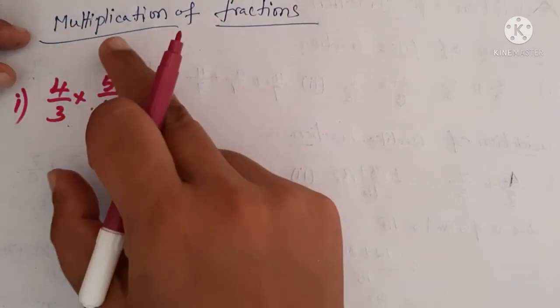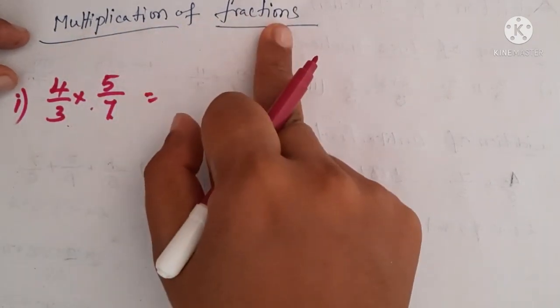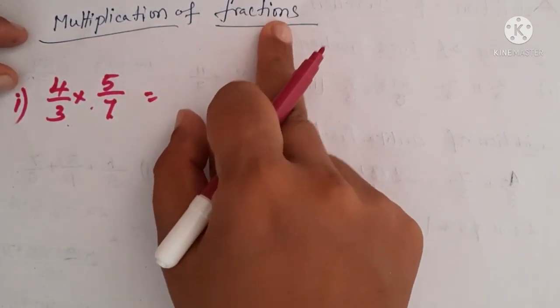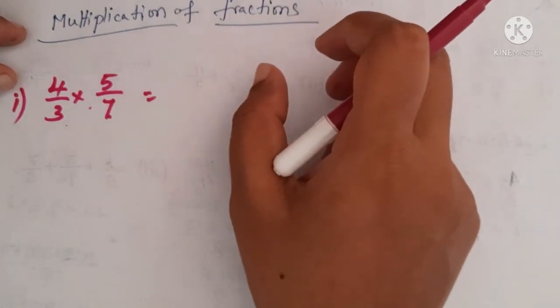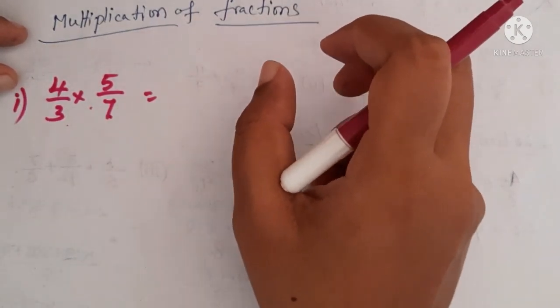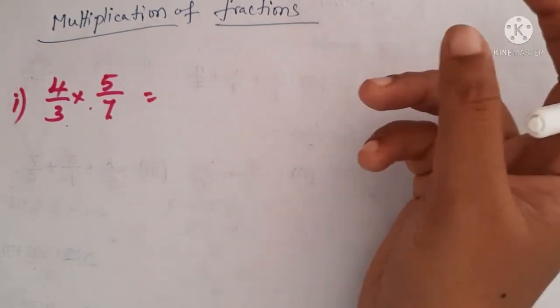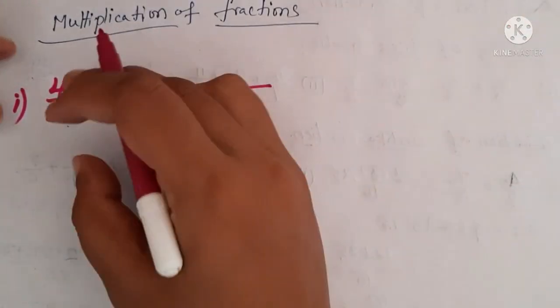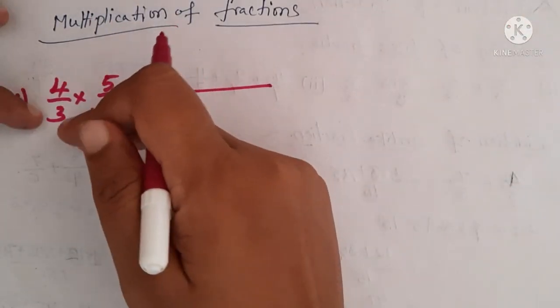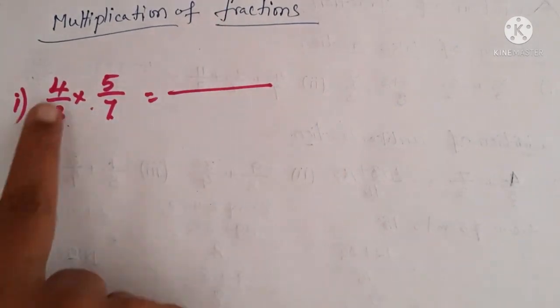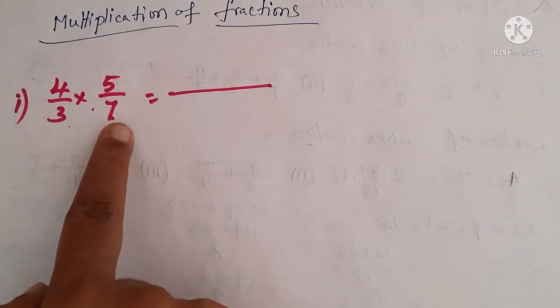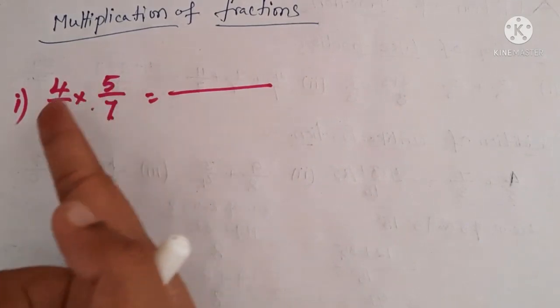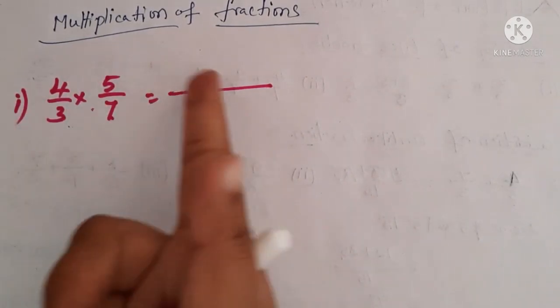And now, the next one is multiplication of fractions. For multiplication of fractions, you multiply numerators and denominators. That is simple. See here, I have an example: 4 by 3 into 5 by 7. How can we multiply these two fractions?